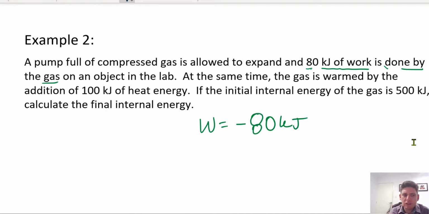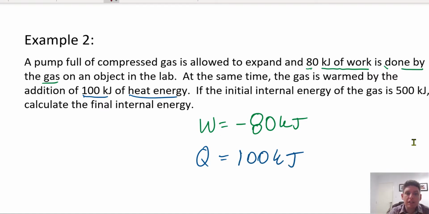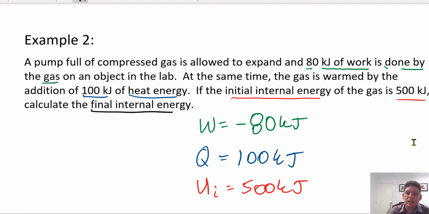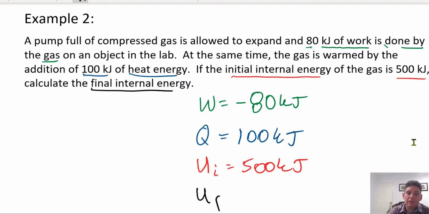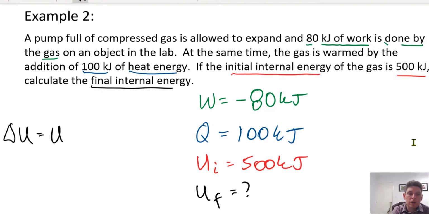Alright, next, the gas is warmed by an addition of heat energy. So this is heat being added, so it's positive. The last thing, if the initial internal energy is 500 kilojoules, what's the final internal energy? So what's UF? So we know our rule. That's our rule for internal energy, work, heat.